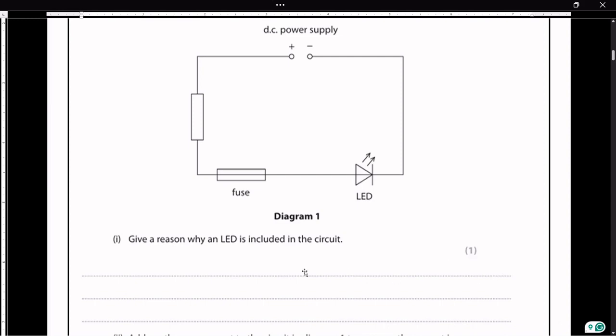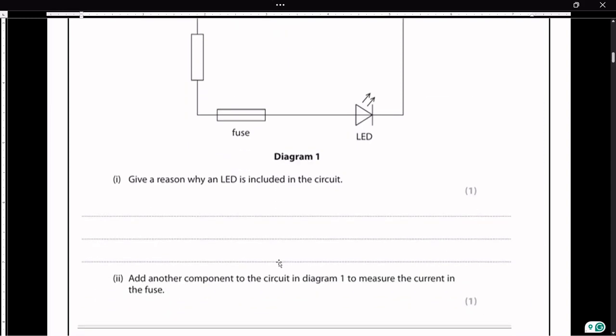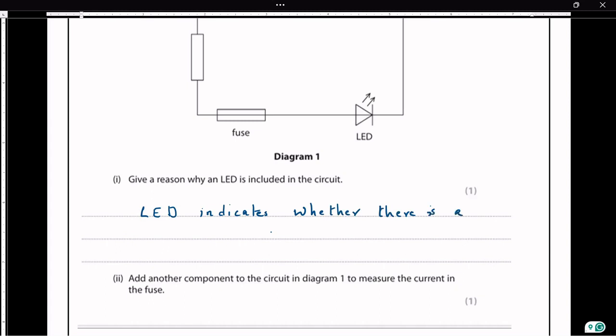The LED indicates whether a current is present or the fuse is still working.